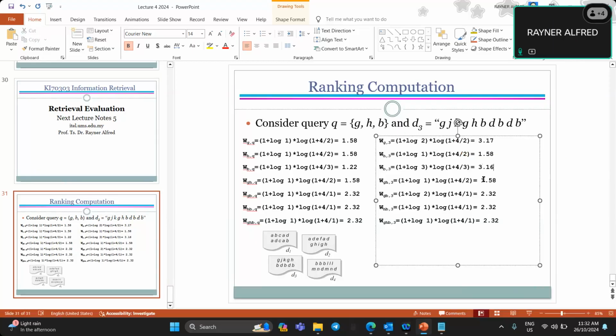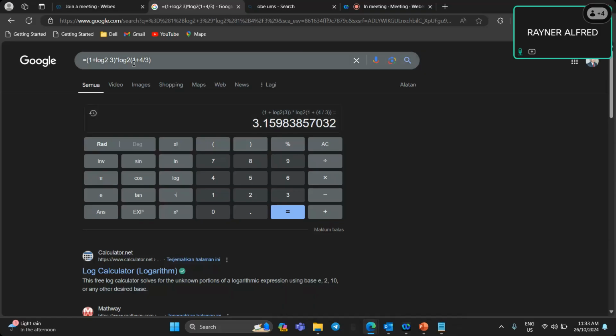Then we have 1, 2, which is similar. And then this is 1, 1 similar, 1, 1 similar. This is 2, 1. So 2, 1.